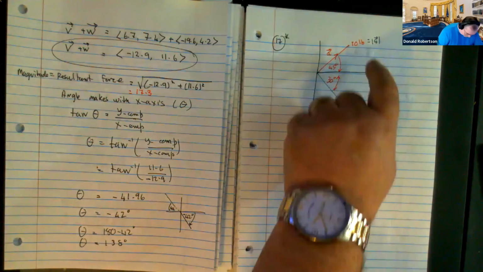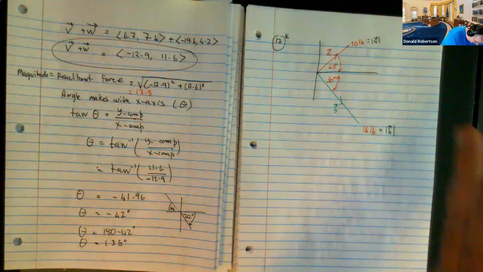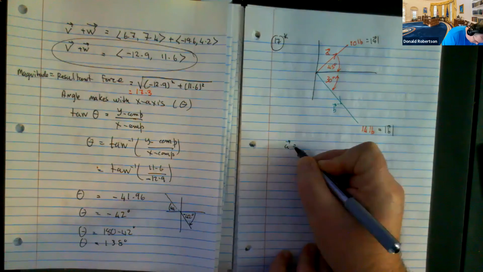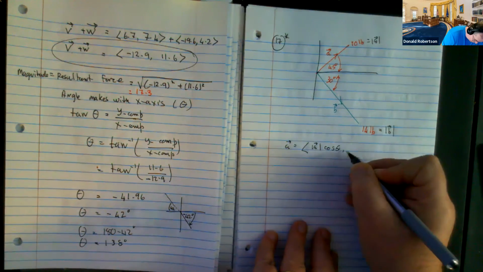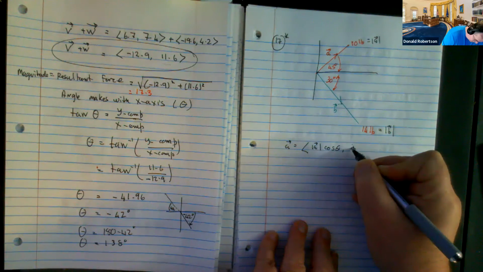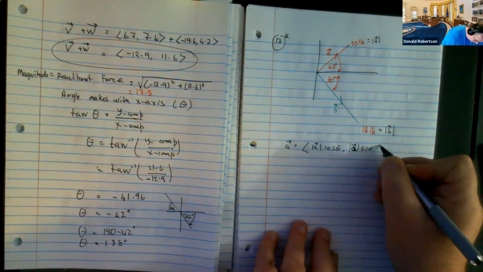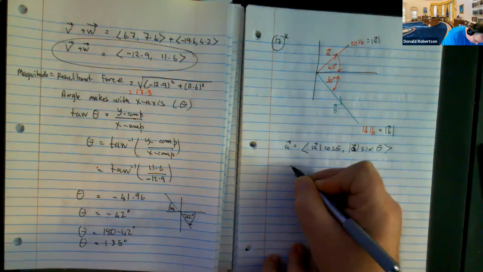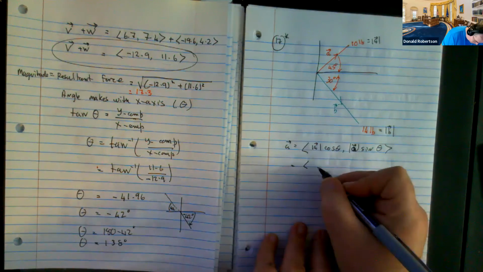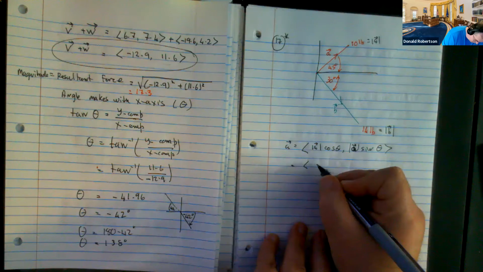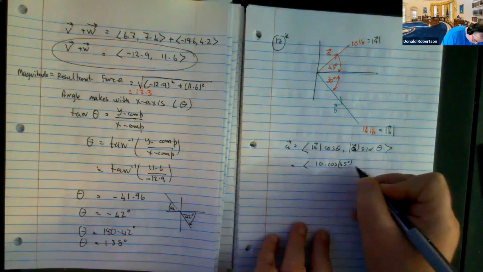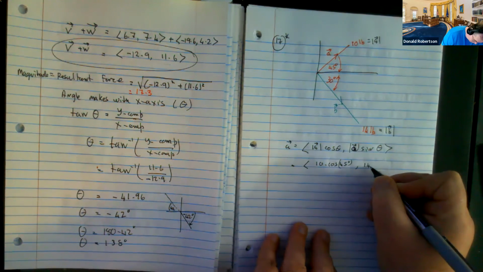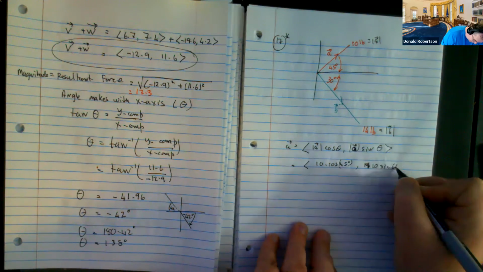So we shall see. For the vector A, it's going to be the magnitude of A times the cosine of theta, and the magnitude of A times the sine of theta. And these are all going to be decimals, even although these are nice numbers. I'm going to do 10 times the cosine of 45 degrees, and 10 times, almost did it wrong again, sine 45 degrees.